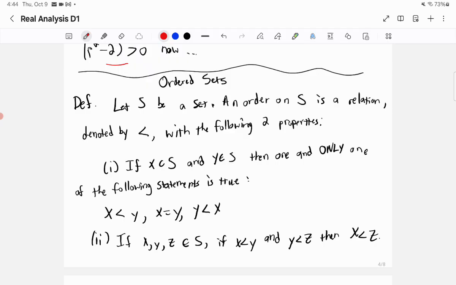That's what this whole next part is, the ordered sets, and we'll be talking about supremums and infimums in a moment. The fact that we can have these in the real numbers is extremely useful, but we don't have this property in the rational numbers.